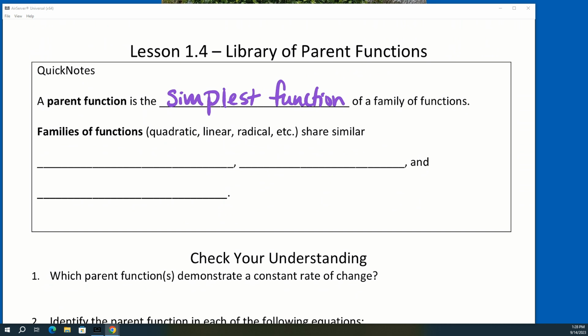All right, and so the function families are those different kinds, the identity, the absolute value, the quadratic, and they share similar algebraic properties, graphs, and behaviors.